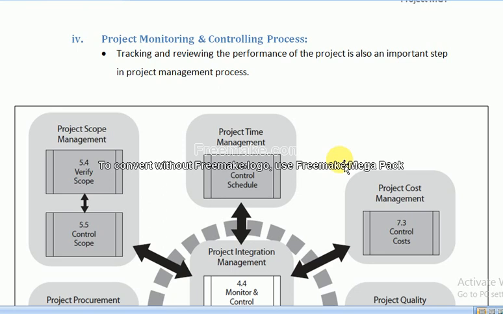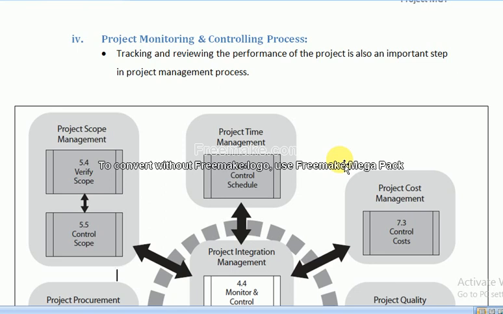Look at this, dear students: in the planning we make some baseline, and in project monitoring we check whether our project is according to that plan and baseline or not.